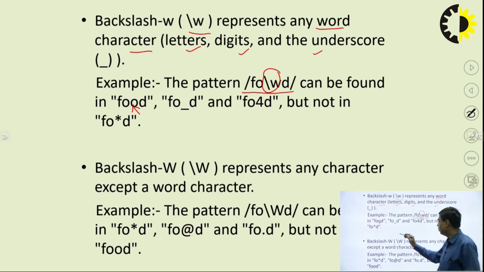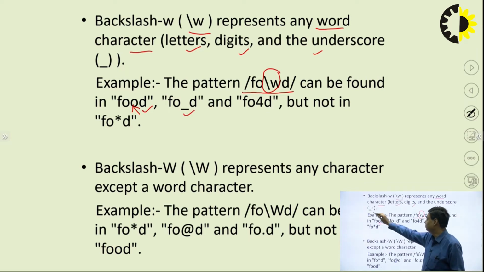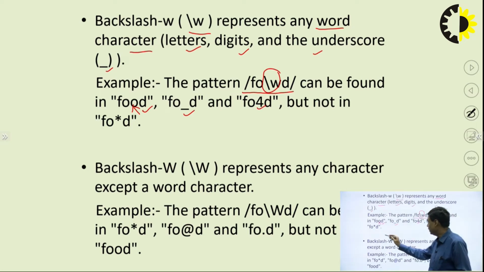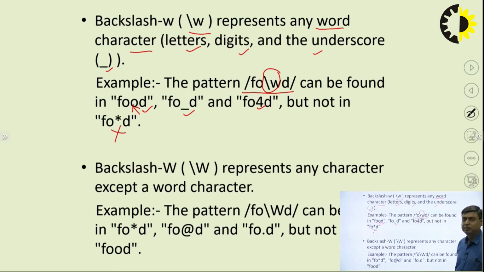So it can have O, it is a valid string. It has an underscore, it is a valid string as it is mentioned in the definition. It can have any digits, so digits are there, it is also valid. But it is not valid here because we have only permitted underscore, not any other special characters. So when we use FO star D, it is not permitted.